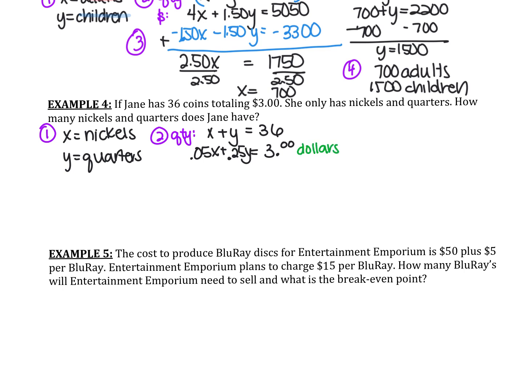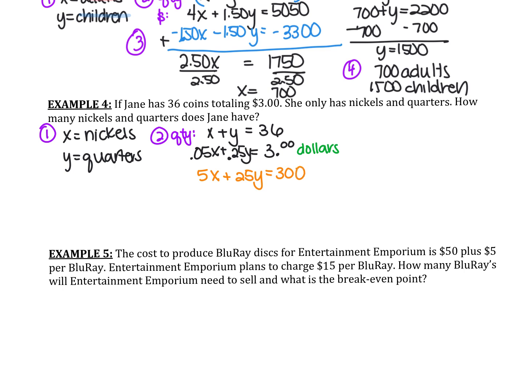Okay, there is another equation I could write, and the other equation would turn everything into cents. So we know a nickel's worth 5 cents. A quarter's worth 25 cents. But then I would need to change the dollars into cents. So $3, how many cents is $3?